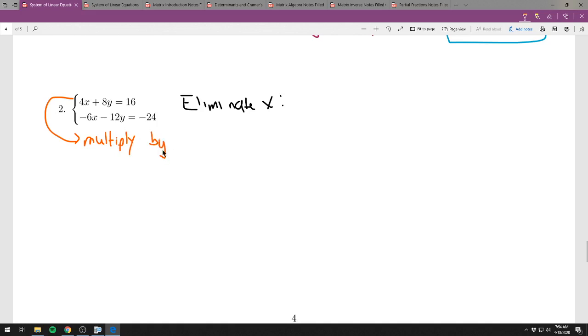We're going to multiply equation 1 by 6, and when we do that we get 24x plus 48y equals 16 times 6 is 96. And like I said, I want to multiply equation 2 by the coefficient up here, 4.